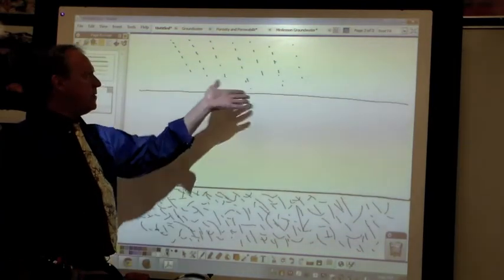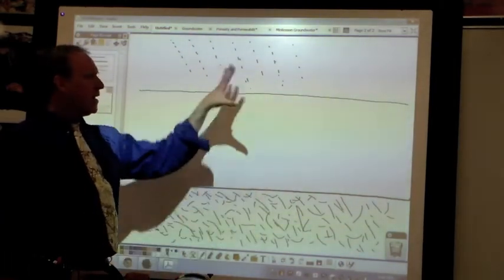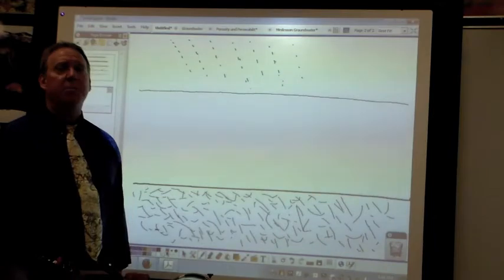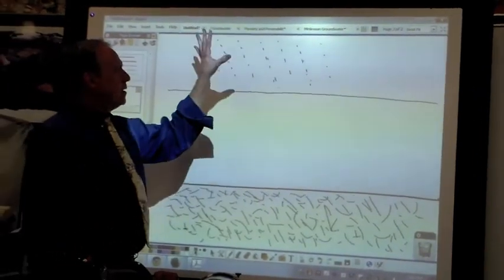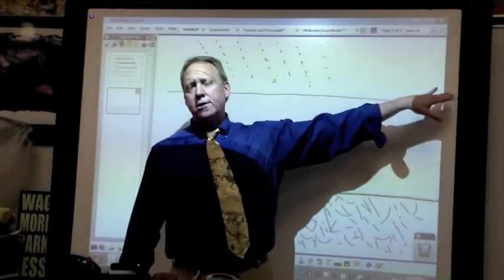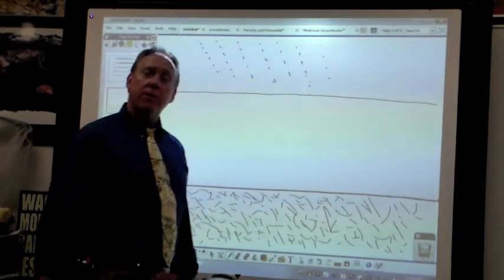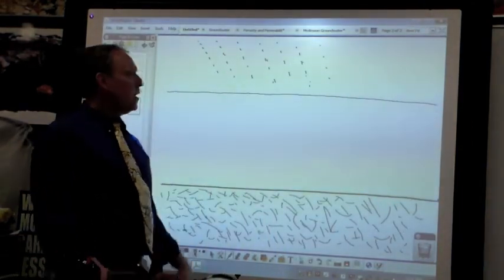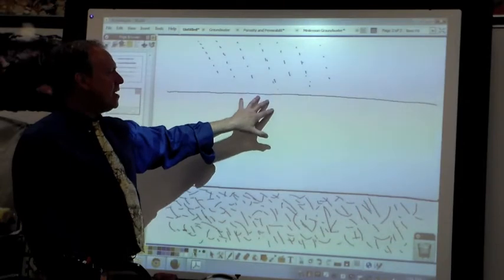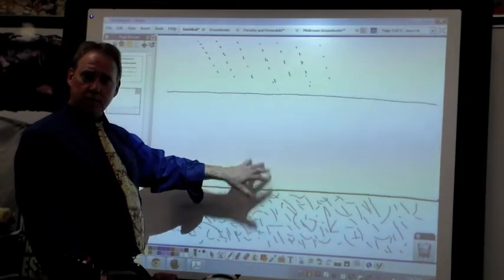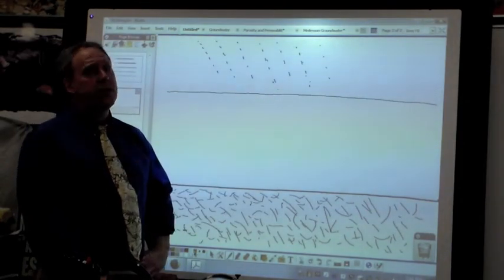The rainwater can evaporate and go back up again. It can get soaked up by trees. That's called transpiration. It can flow over the land, flow downhill, wind up in some river. That's called runoff. Or it can seep into the soil, which is known as infiltration.